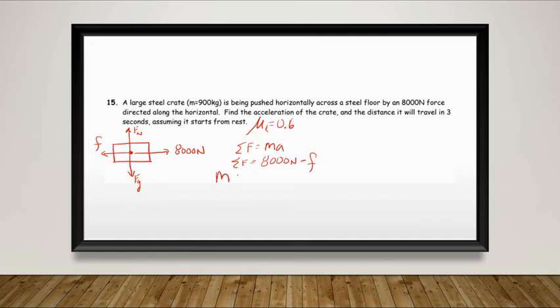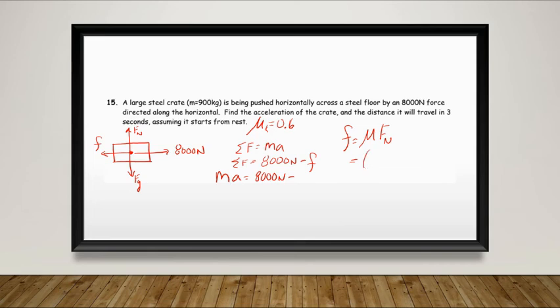So mass times acceleration equals 8,000 newtons minus our frictional force. We need to figure out what our frictional force is. Our frictional force is our coefficient of friction times our normal force, which, because it's on a horizontal plane, is equal to mass times gravity.